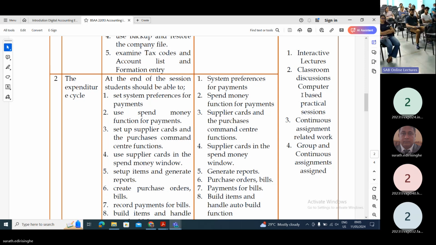In the last one, section number 4, group and continuous assessment. In the group work, we will divide the students into a maximum of 5 students per group. The online students have to join with your online people and complete your project activity. Here, 3 or more people are there.